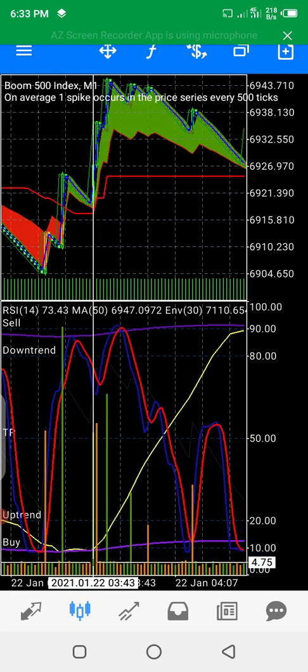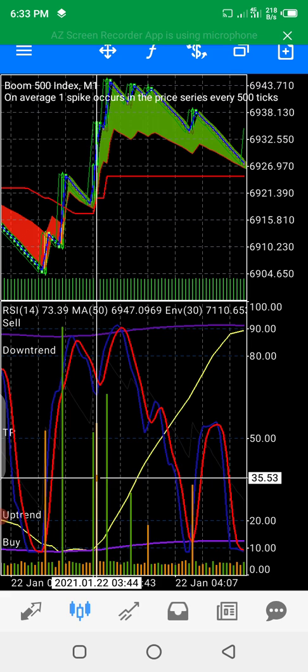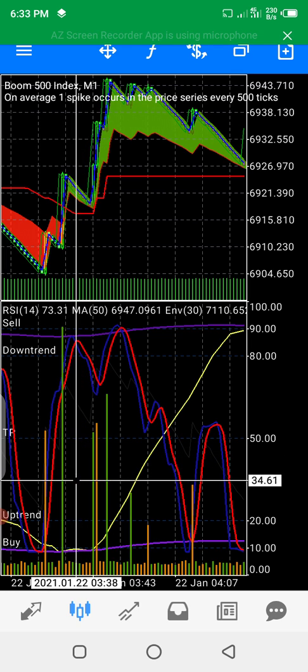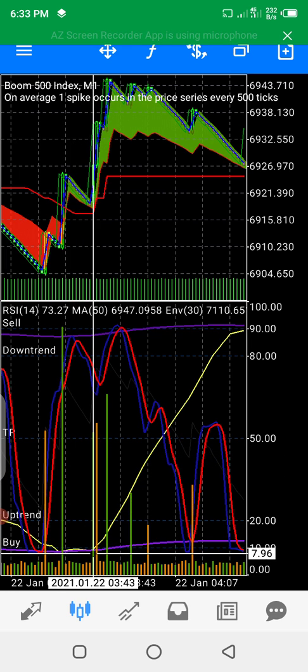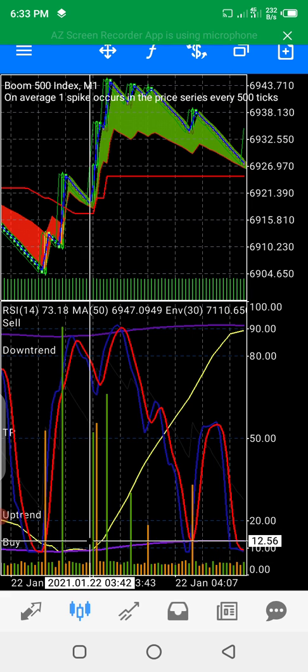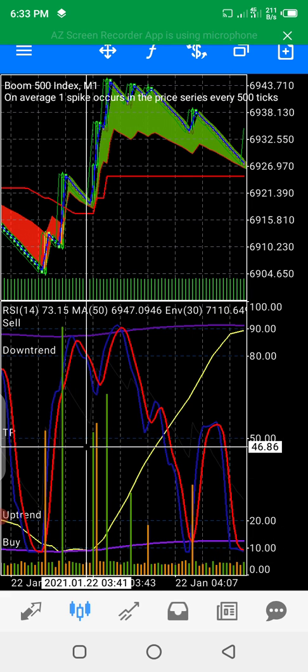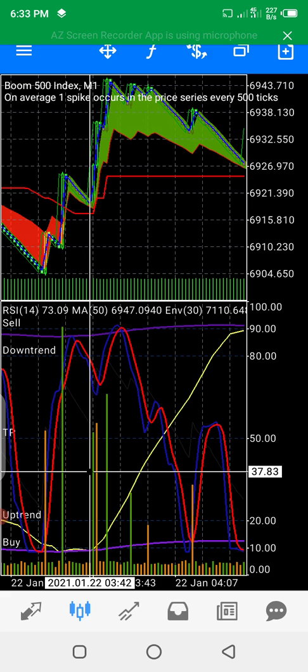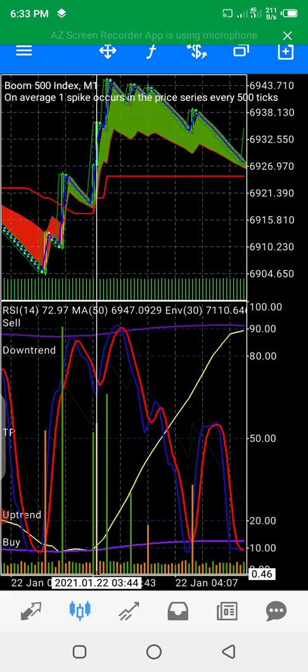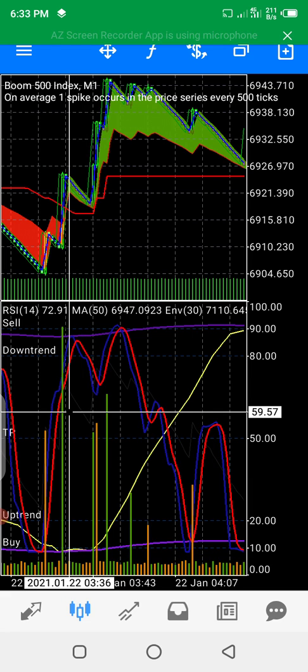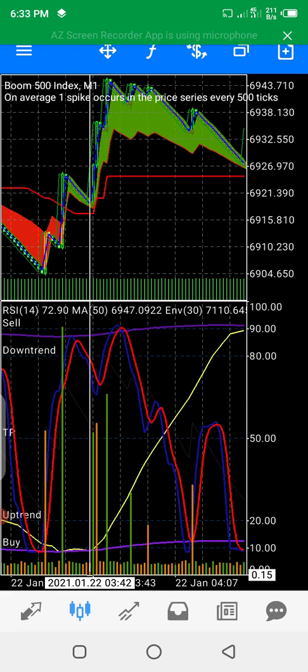Just know that after this spike, there's another spike which is coming next. So it will be more like a double spike without any candle in between. So it goes like boom, it spikes, then again boom, it spikes. So this one is always like that.